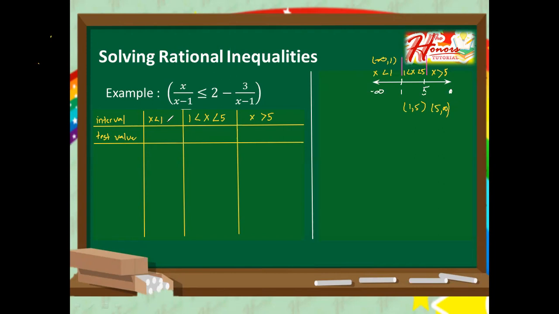So x is less than 1, therefore you can have 0 here, because 0 is less than 1. Next, we have x is greater than 1 but less than 5, then you can use 2 here. X is greater than 5, you can use 6.